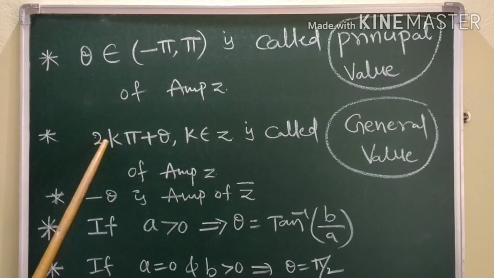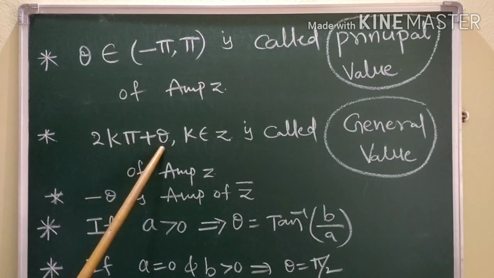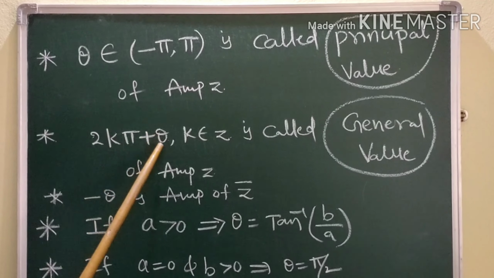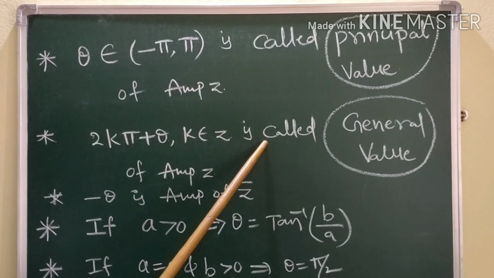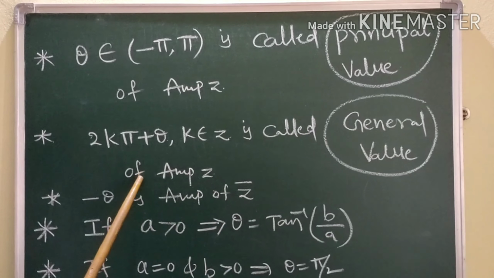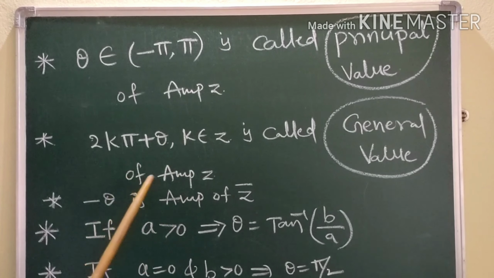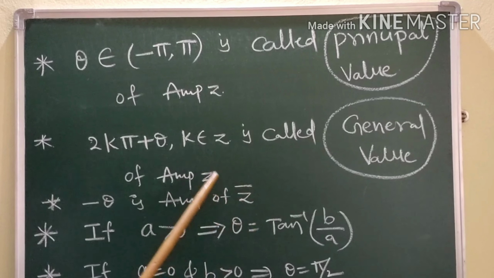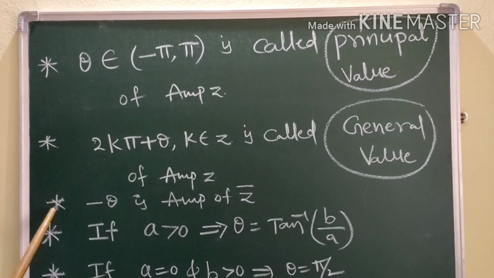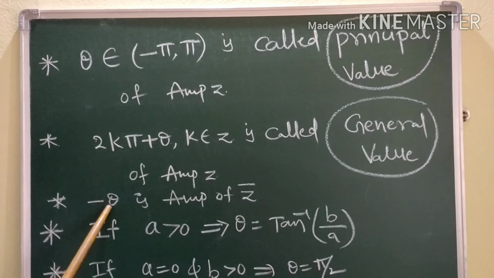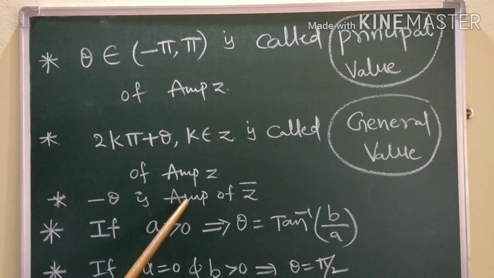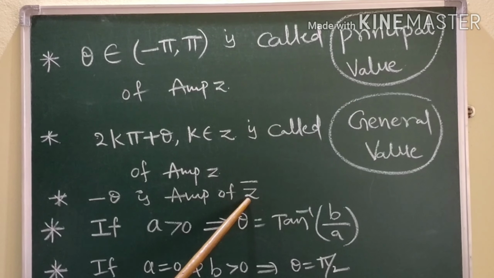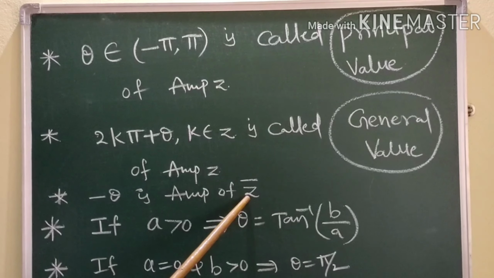Next, 2k pi plus theta, that is, 2k pi plus the principal value, is called the general value of the amplitude of z. Next, minus theta is called the amplitude of z bar. z bar means the conjugate of the complex number.